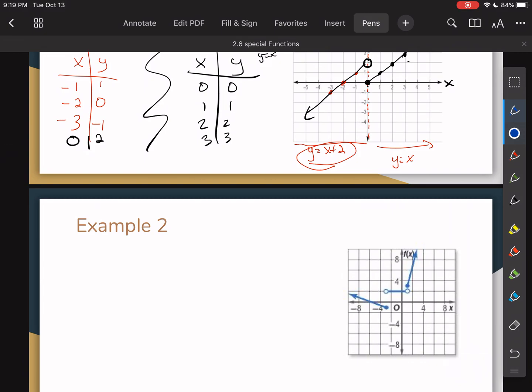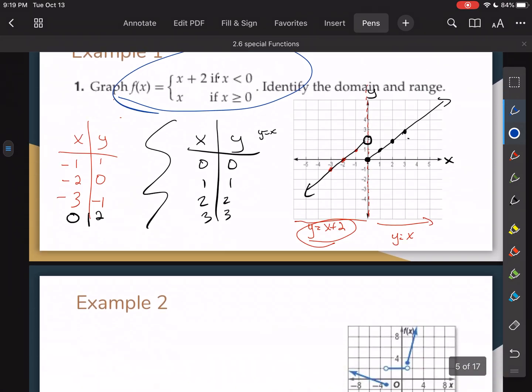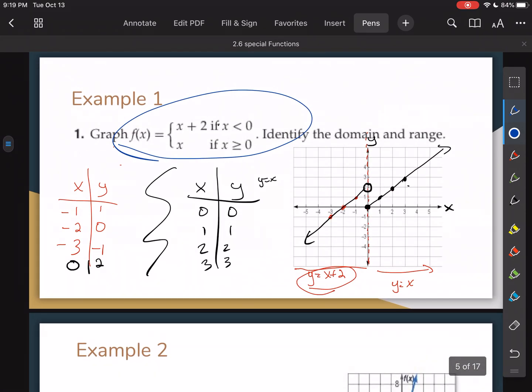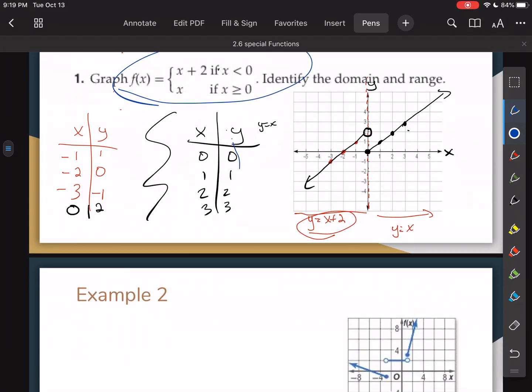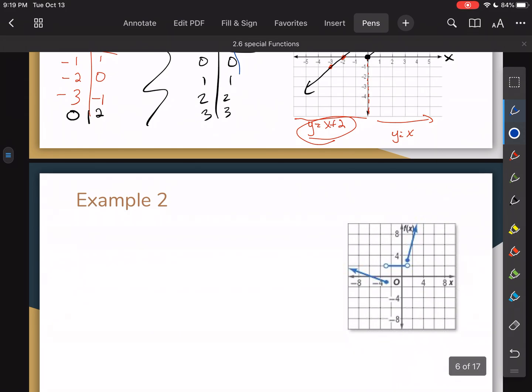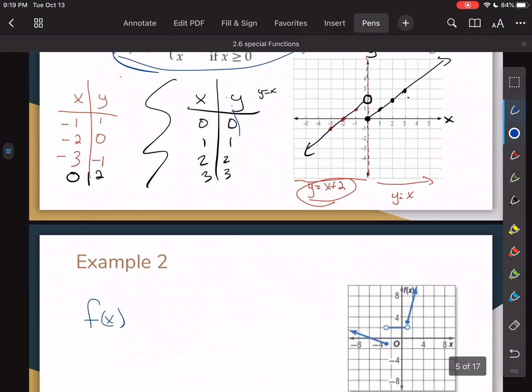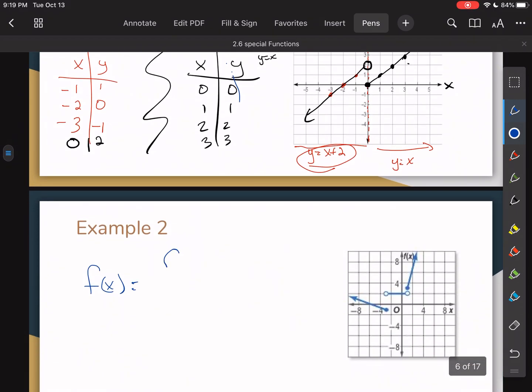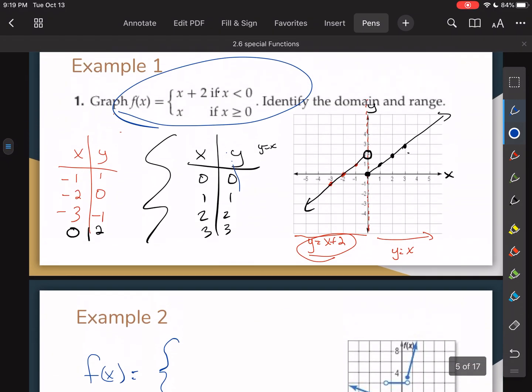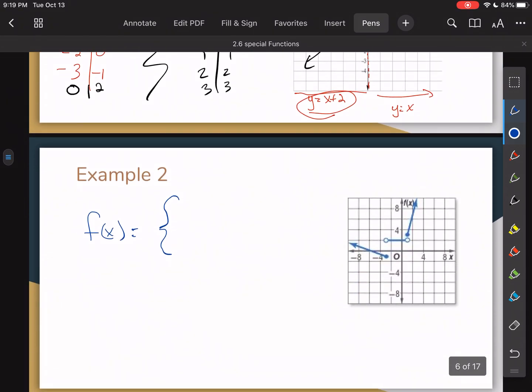Here we go. One of the main things that we have to remember to do is define the domain. So one of the first things that I like to do here is just say, okay, f of x is equal to, and I never like drawing these things, but there we go, is equal to, now we have 3 different things happening here.